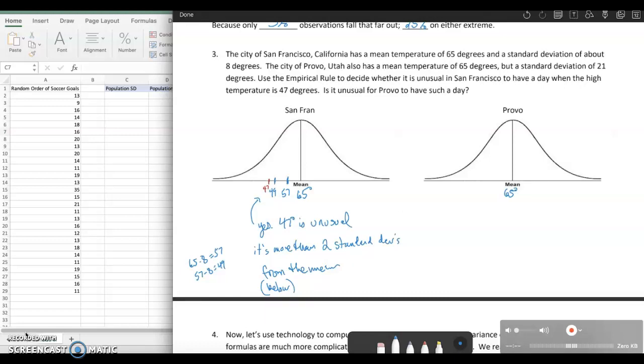Now let's look at Provo, Utah. If we back up 1 standard deviation there, I would be doing 65 minus 21 in this case. So that's 44. Well, I don't even need to go any further than that. 47 is up here. So this would not be considered unusual at all.